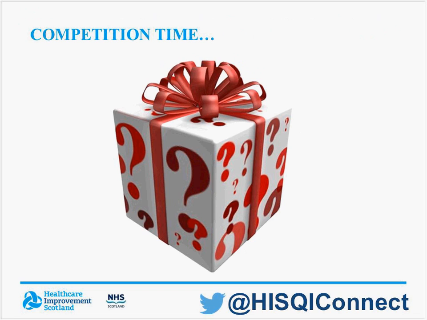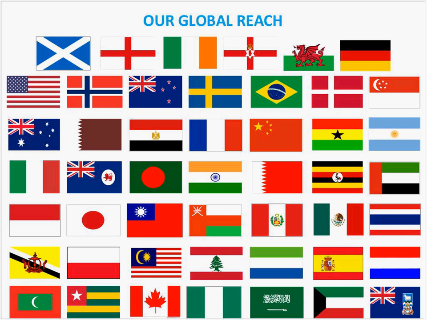However, as you all know, we have a competition with a big prize. And the competition that we're going to be going on to is to identify a particular flag. I'm absolutely delighted that we've now got 48 countries that join in with QI Connect, either live or using the recordings. And you shout out the name of a country and we'll look for the first arrow on that country.